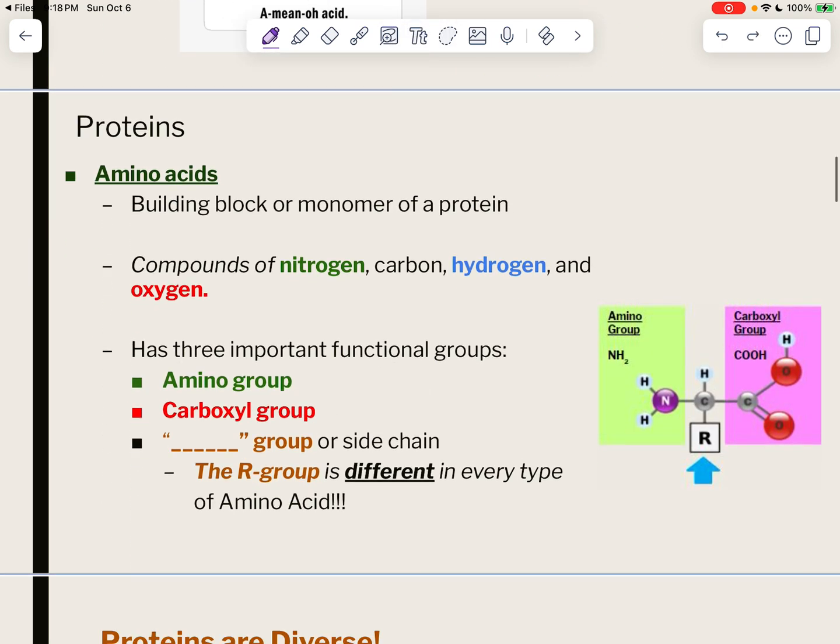All right. So amino acids are building blocks or monomers of proteins. They're comprised of nitrogens, carbons, hydrogens, and oxygens. They have 3 important functional groups: amino groups, carboxylic acid groups, and the R group. The R group is called the R group or R side chain, and each R group is different in every type of amino acid.